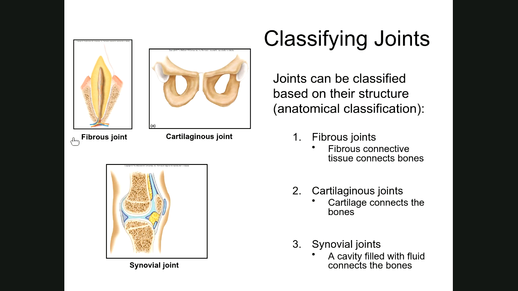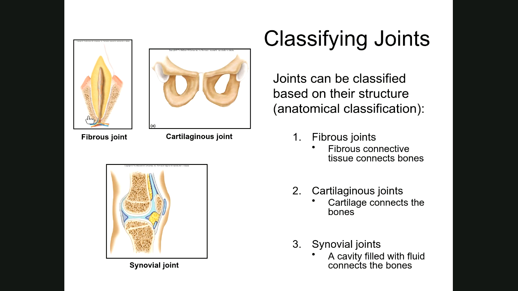So if you look at this first picture here, this is actually a representation of a tooth. And here are the gums, and that tooth is sitting in a cavity in the jawbone. And where the tooth and the gums and the bone come together, we have what's known as a fibrous joint. So in a fibrous joint, what we've actually got are really strong, tight fibers that are running between the bones and holding them together.